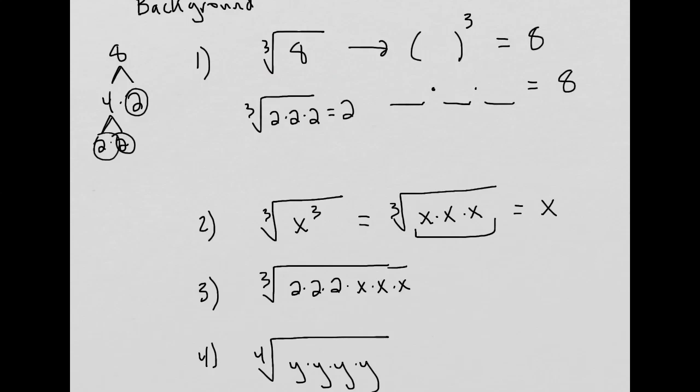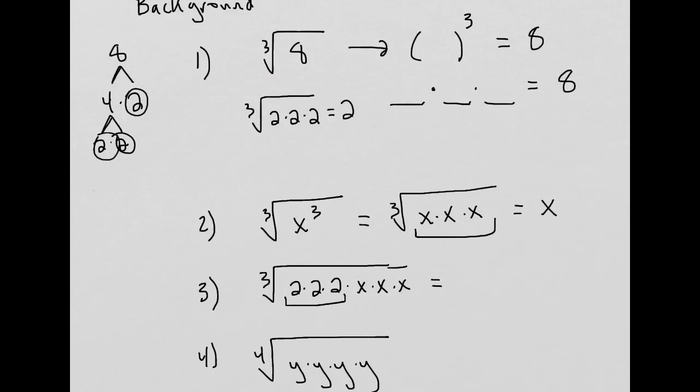Okay, well how would this work if we simplify an expression that's a little bit more involved? So if we look at number 3, for example, when I look at the inside, again, it's a cube root. So what I've just discovered for number 1 and number 2 is that for every 3 factors, the cube root basically takes one of those 3 factors.